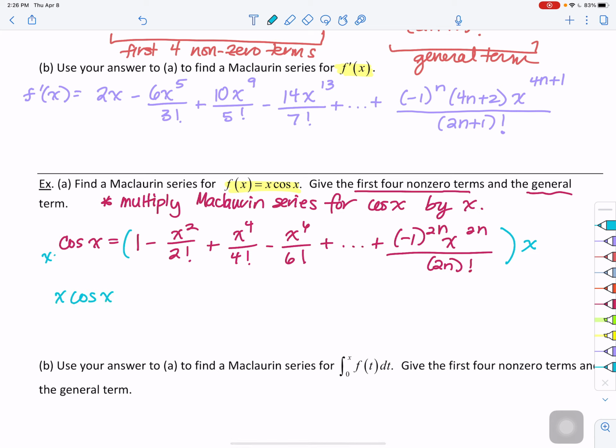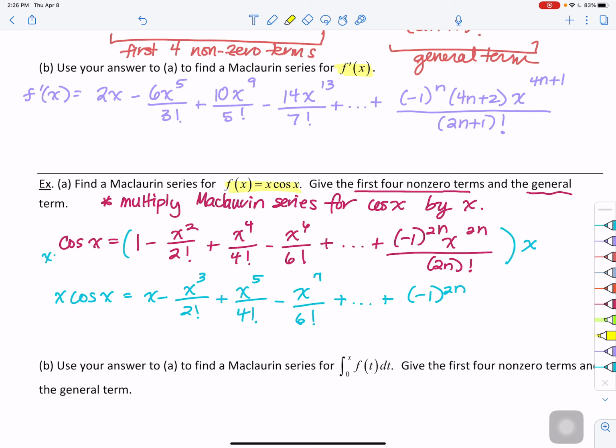X cosine x is equal to x minus, you guessed it, x cubed over 2 factorial plus x to the 5th over 4 factorial minus x to the 7th over 6 factorial plus dot, dot, dot, plus, here we go, negative 1 to the n. The only term that's affected is this one right here.